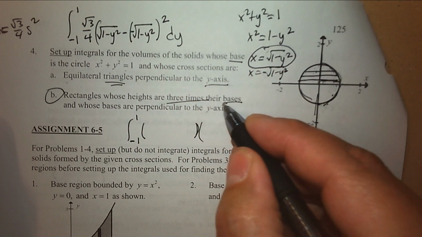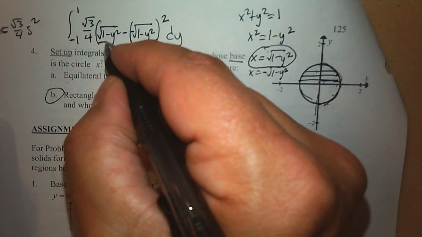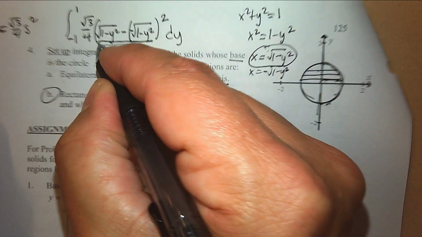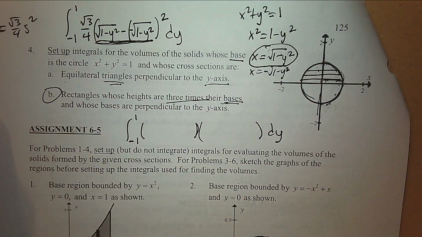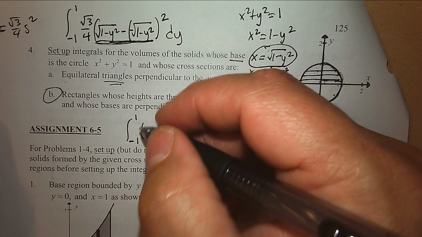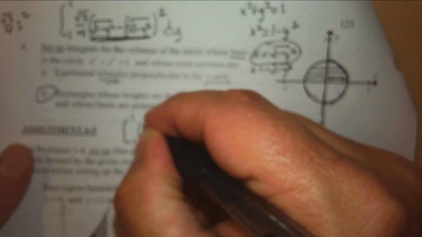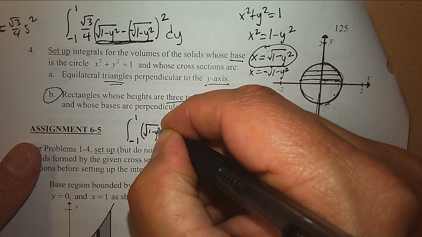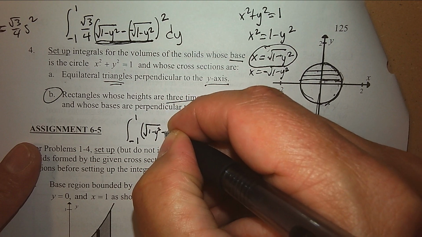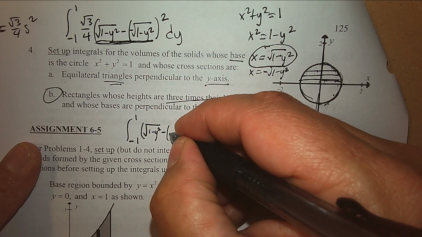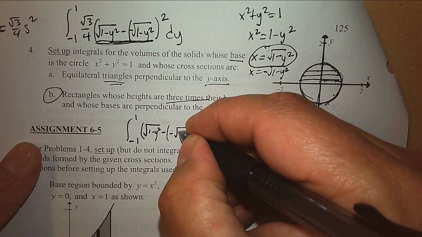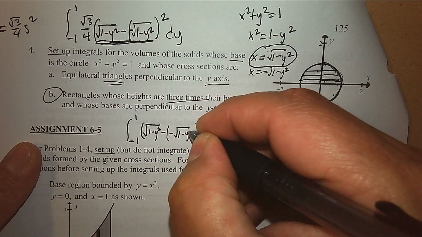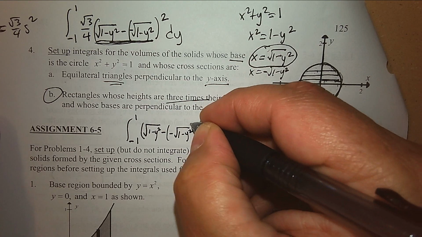What describes the base of the rectangle? We already did the work. The square root of 1 minus y squared, subtract negative the square root of 1 minus y squared. We already did that one.